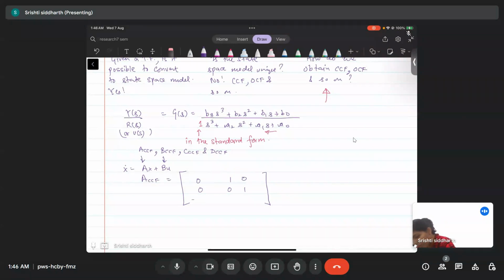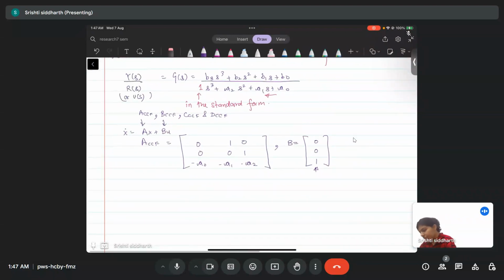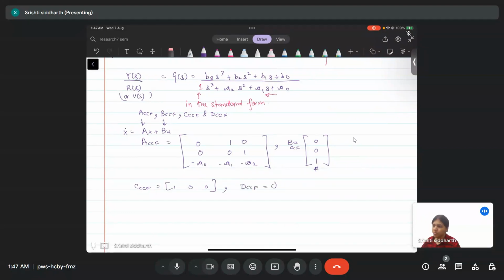So we would have minus a0, minus a1, and minus a2. As seen in the differential equation state, B_CCF would be 0 0 1, since input is present only in the equation of the last state. C_CCF is going to be 1 0 0, since the output is just the first state, and there is no coupling, so D is 0.